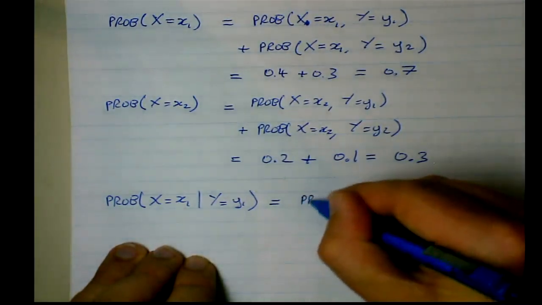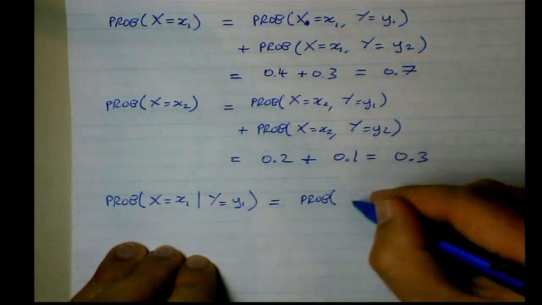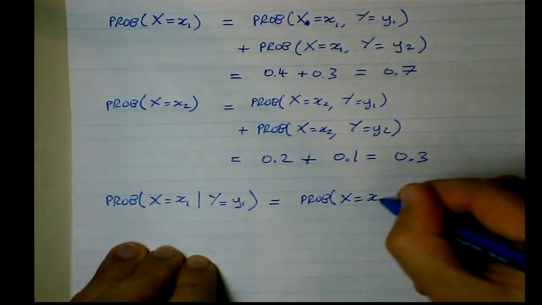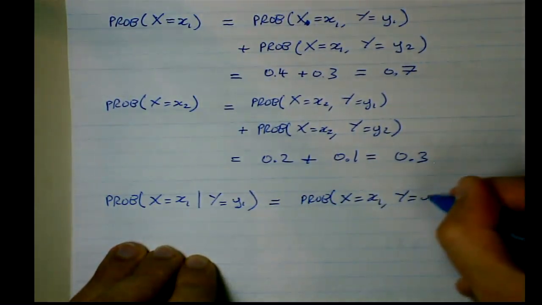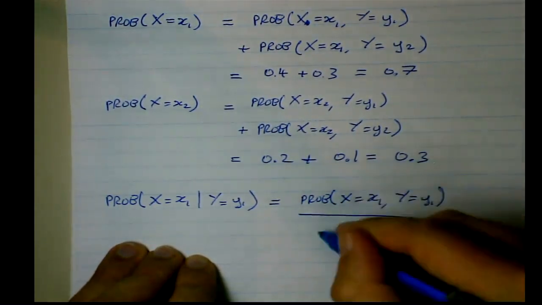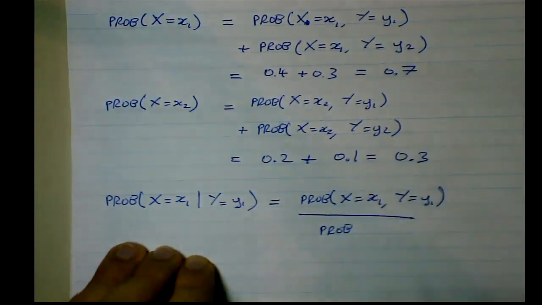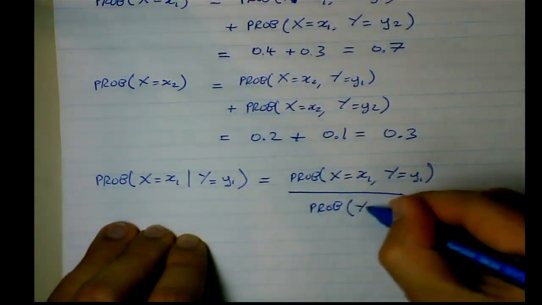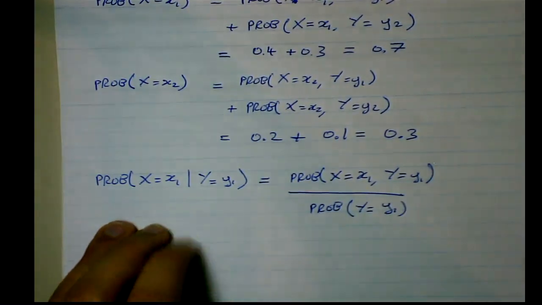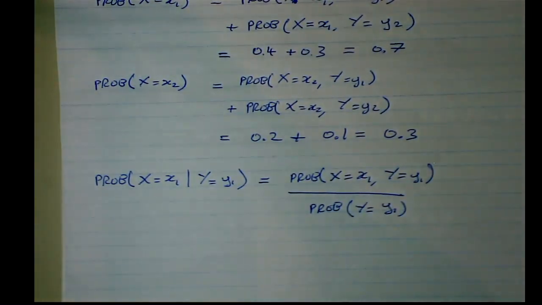That is the probability that x equals x1, y equals y1, divided by the probability that y equals y1. That's how you compute conditional distribution.